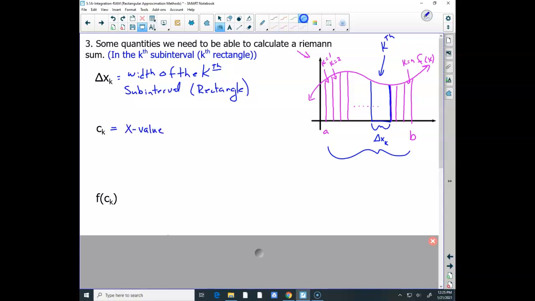It's an arbitrary x value in the kth subinterval, and that's used to calculate the height of the kth rectangle.